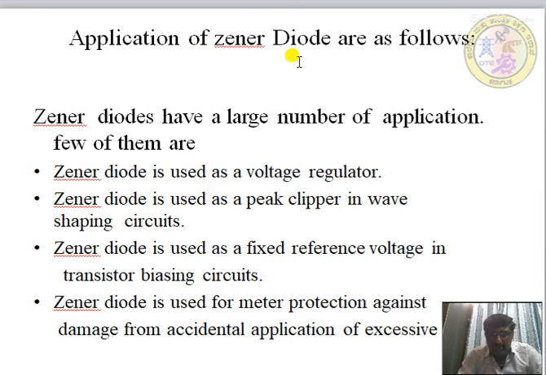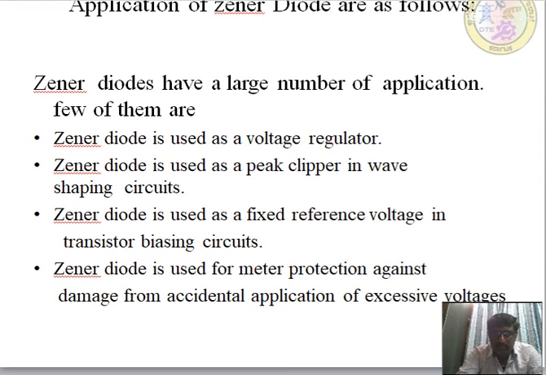Zener diodes are used as a fixed reference voltage in transistor biasing circuits, and also for protection against damage from accidental application of excessive current or excessive voltage.